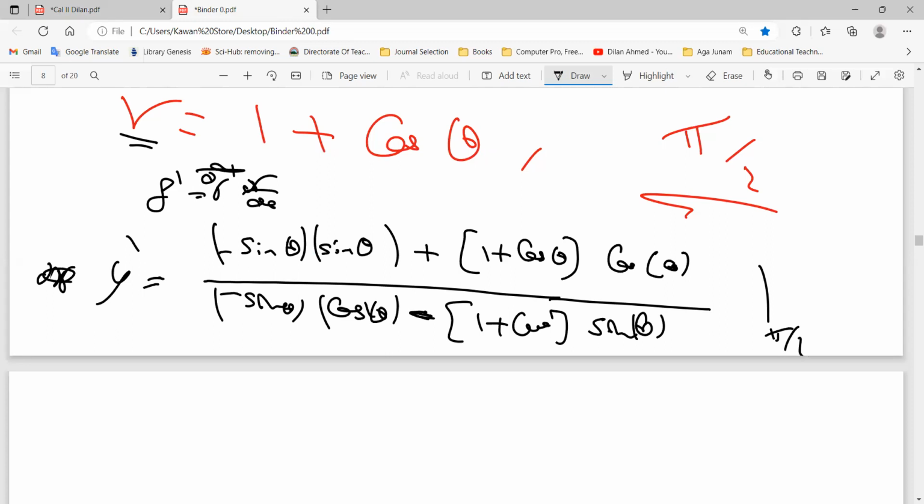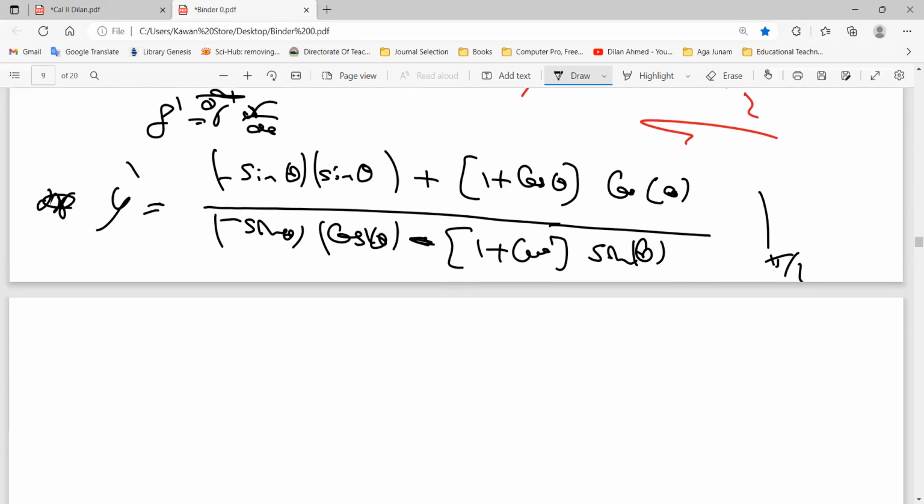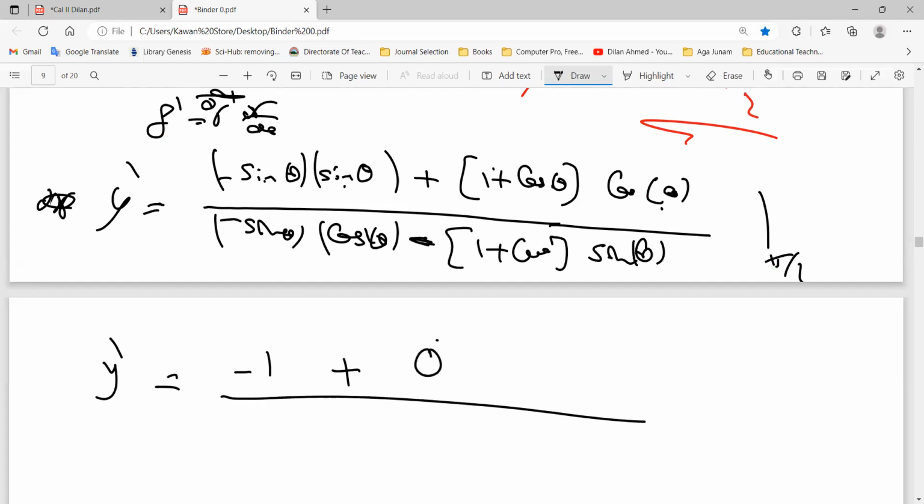Understood? So sine of pi over 2 is equal to 1, right? So 1 by 1, I'll get negative 1, plus 1 plus 0 multiplied by 0, so I'll get 0. Cosine of pi over 2 is 0, so you multiply by 0.